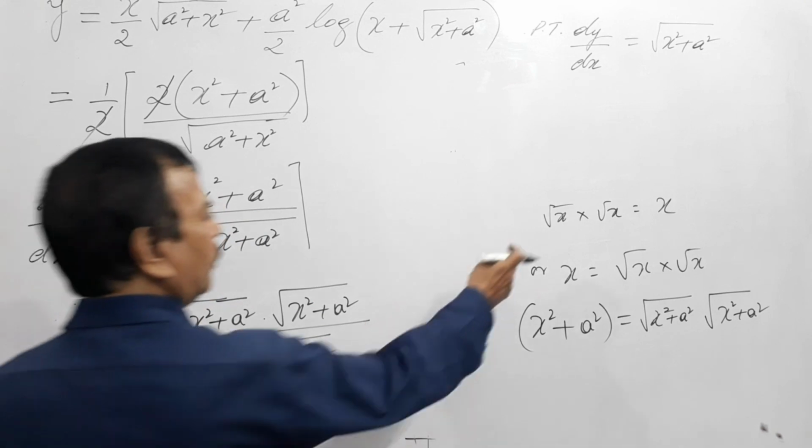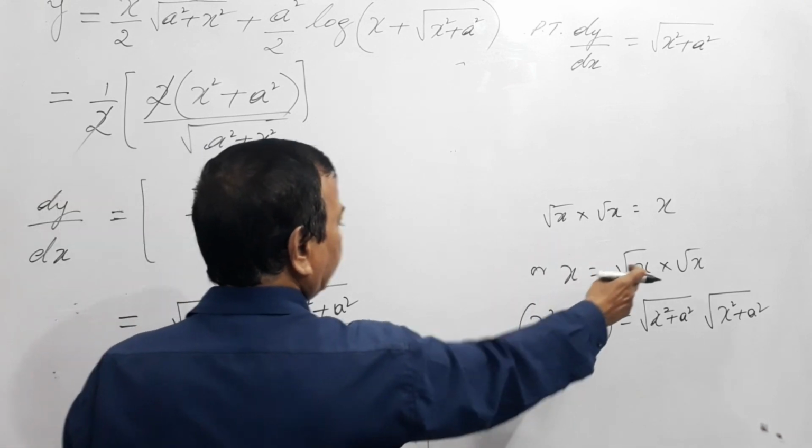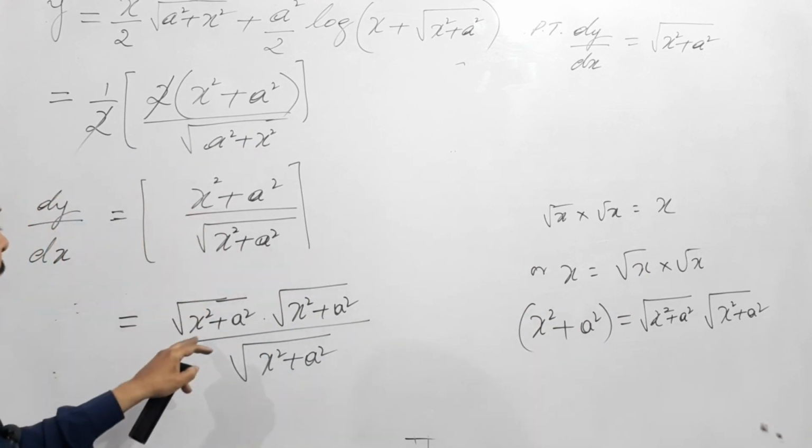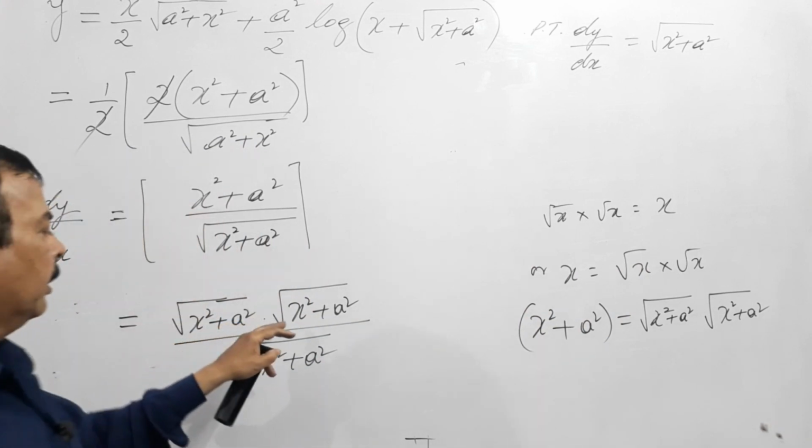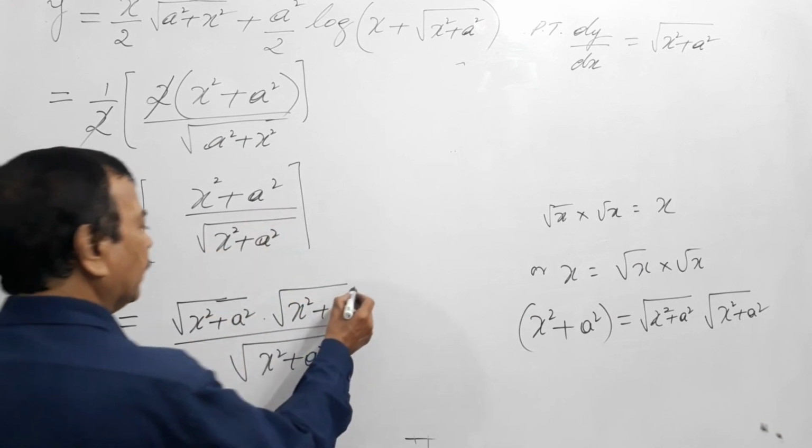Root x into root x gives x; similarly, this I have written as under the root x square plus a square into under the root x square plus a square, which is nothing but this value.